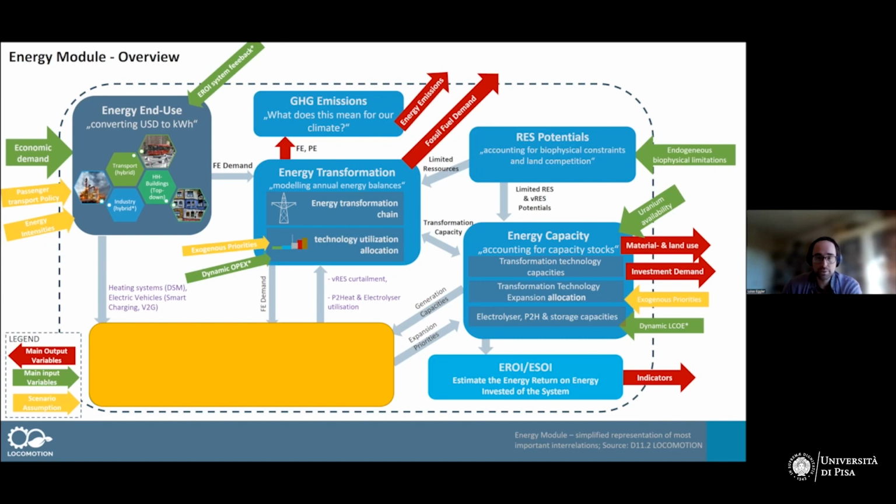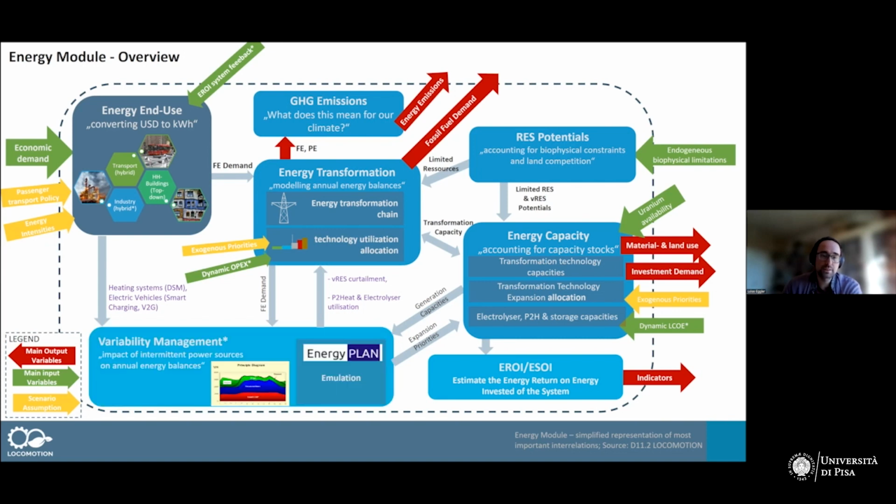And the last important submodule is the variability management, because we all know that intermittent renewable power generation, especially by wind and PV, is challenging the electricity grid. Yet we have an integrated assessment model that works on an annual time scale, and certainly we don't have grids.